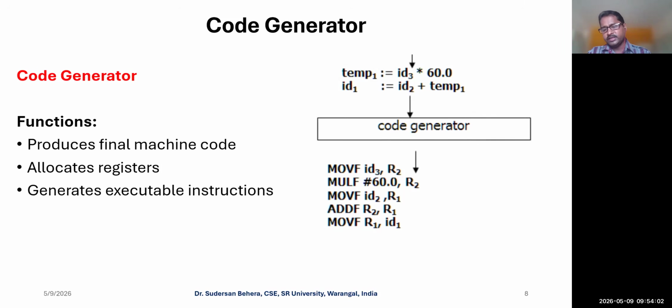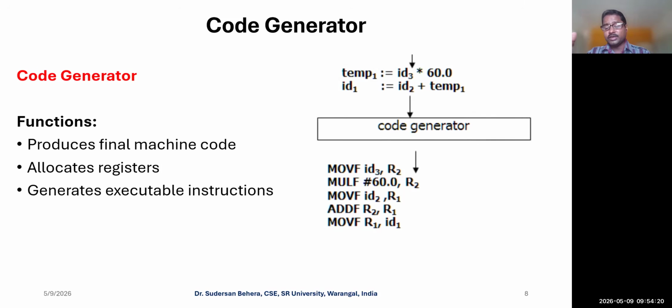That is why MOVF is there: F indicates that the values this instruction is dealing with are real or floating point numbers.